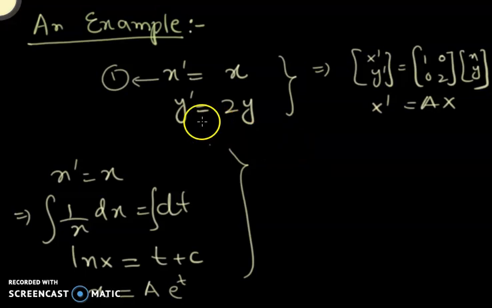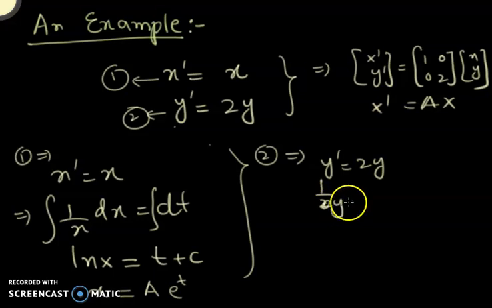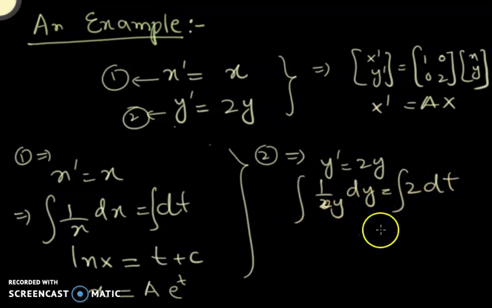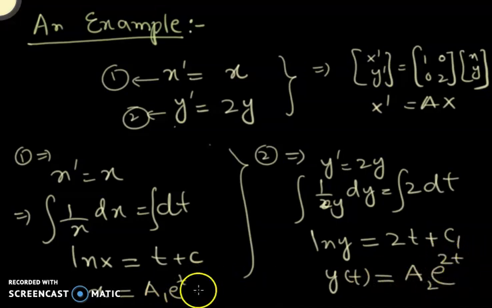On the same lines, we can solve equation 2. From 2, y prime is 2y, so (1 over y) dy is 2 dt. Again, by separating the variables and integrating, I get natural log of y equals 2t plus some constant, let me call this c1, and then definitely my y of t is going to be a2 e to the 2t.